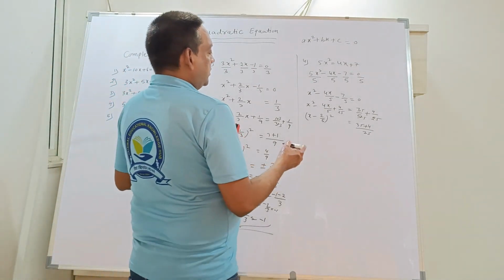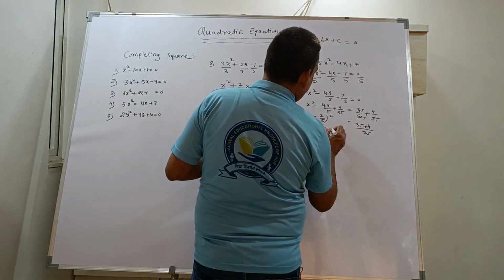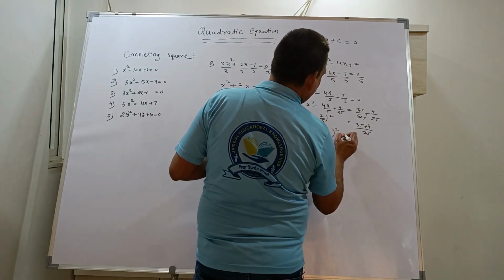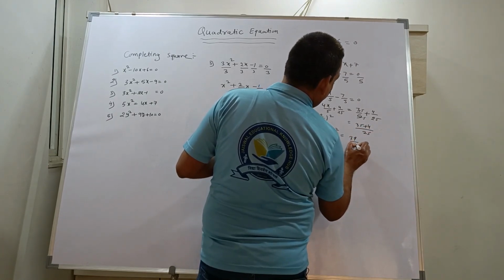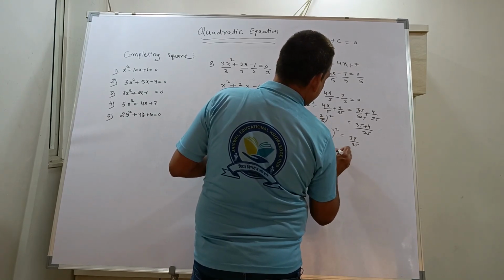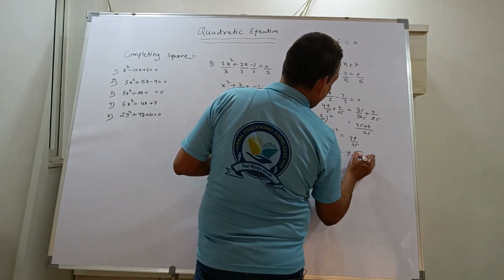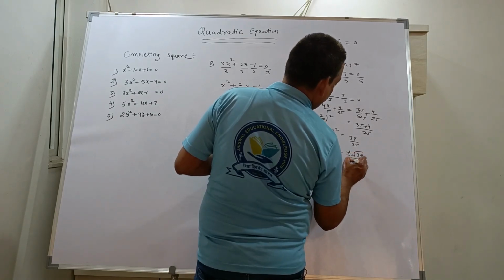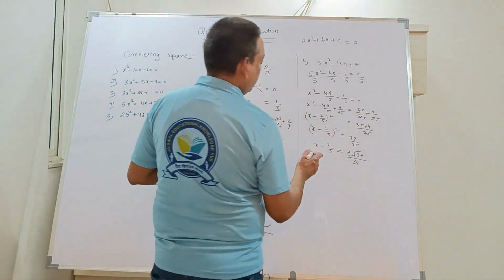Now it is (x minus 2/5) the whole square is equal to 35 plus 4, which is 39/25. So x minus 2/5 is equal to plus minus root 39/5. Clear? We take the square root and then we take the constant number to the other side.